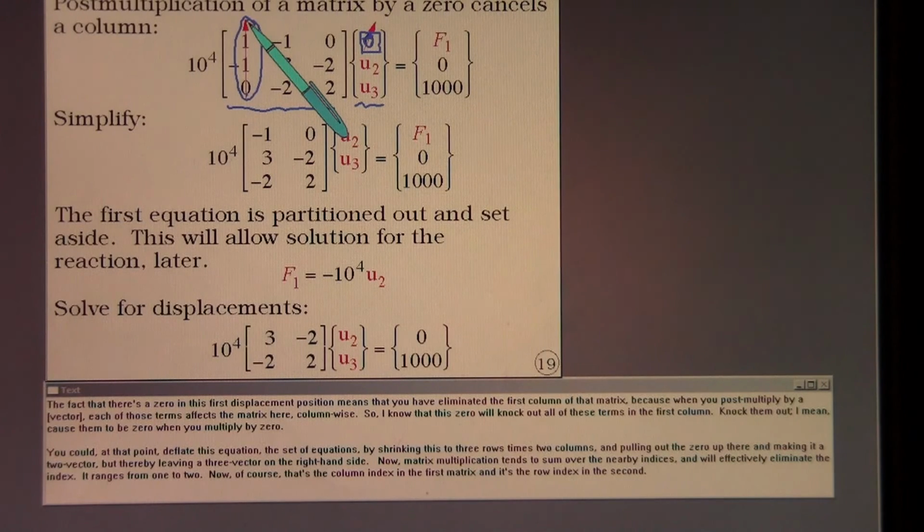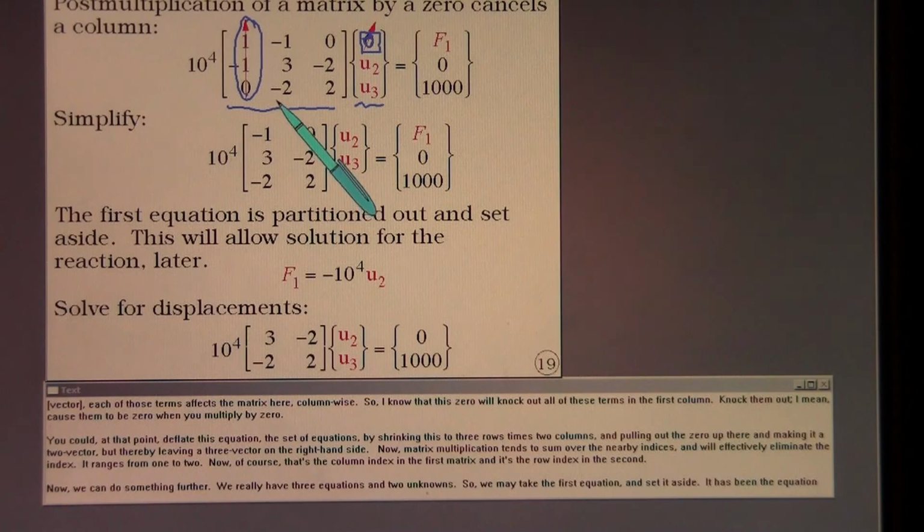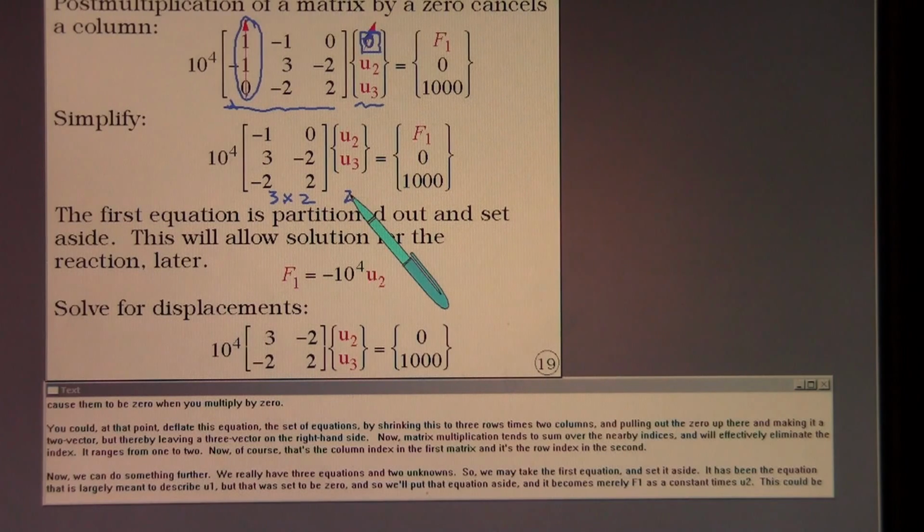Knock them out, I mean cause them to be 0 when you multiply by 0. You could at that point deflate this equation and this set of equations by shrinking this to 3 rows times 2 columns and pulling out the 0 up there and making it a 2 vector, but thereby leaving a 3 vector on the right hand side.